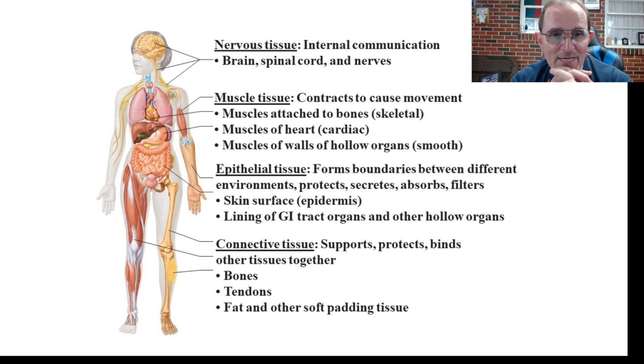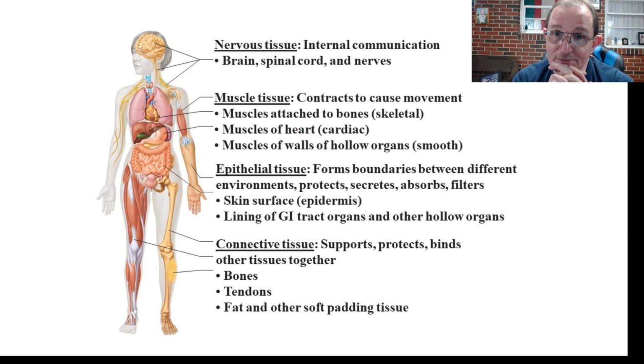It's also used for absorbing. In our GI tract, starting with the small bowel, we're going to have a lot of epithelial tissue because that's specialized for absorbing things. We can also secrete, push things out. We'll talk more about that.